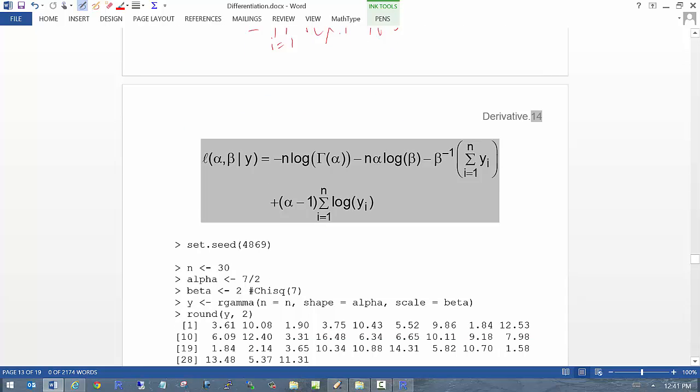Now, for the log likelihood function, we can apply simple properties of logarithms, and again, this is what we get. Alternatively, one could write the log likelihood function as the sum from i equal 1 to n of log of f of y.